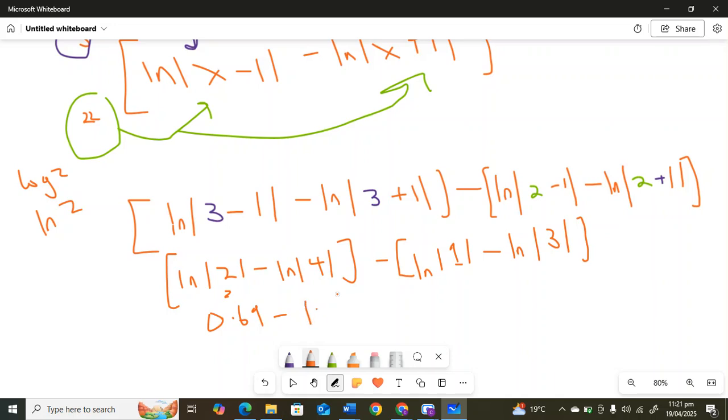Close brackets here. Natural log of 1 minus natural log of 3.